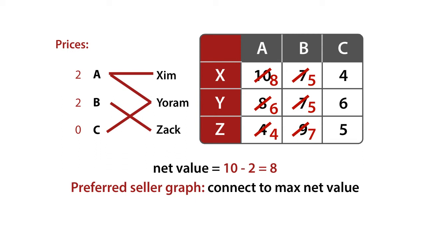What's really nice about this particular set of prices that we started with is that everyone can get one of their favorite items. If I let Yoram have item C, Shin A, and Zach B, then we say that the market clears, we can assign everyone to their favorite item.